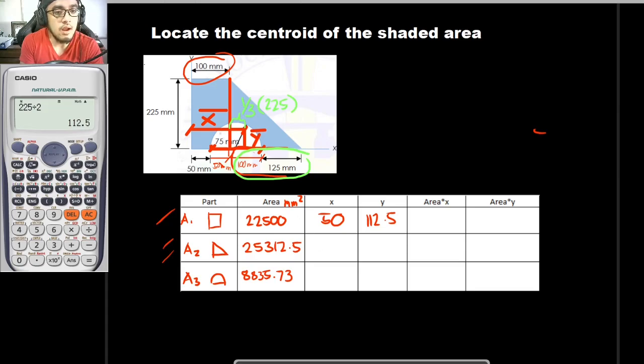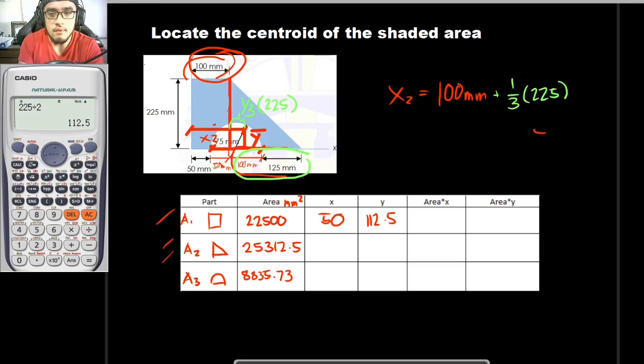But for our x, by the way, this shouldn't be bar x, so that is to be x sub 2. Our x sub 2 is equal to 100 mm plus 1/3 of 225. So why is that the case?